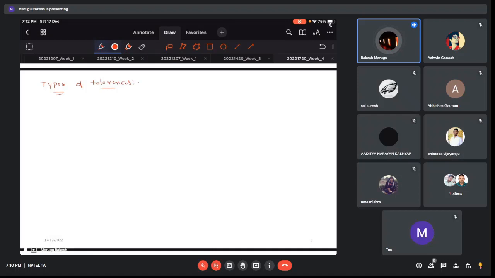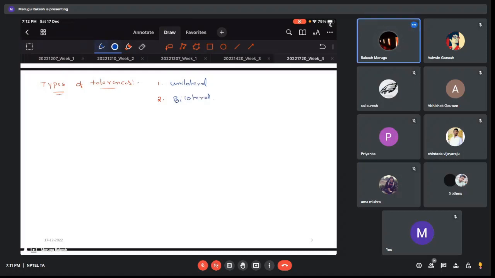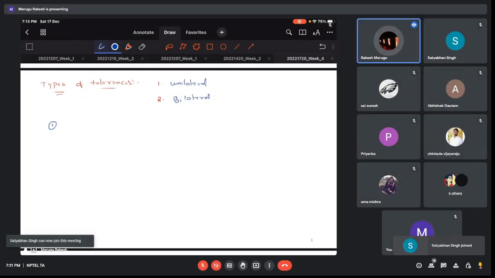Can anyone tell what those are? Unilateral tolerance and bilateral tolerance. Okay. A simple example I will give. You are already familiar, just a small recap.